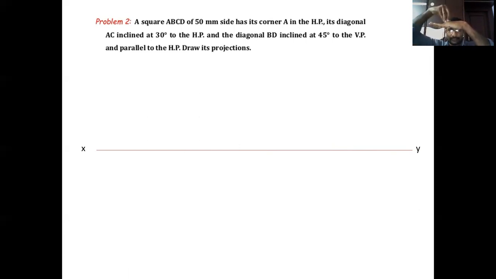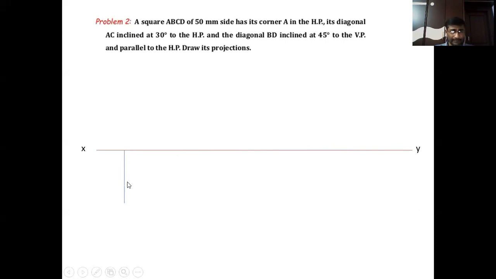So the top view must be drawn in the initial position. The first diagram is the top view. In which position? Either above XY or below XY. The top view is always below XY. That's why you have to draw the perpendicular line below XY, perpendicular to XY.